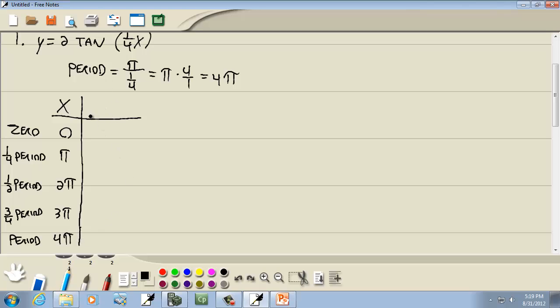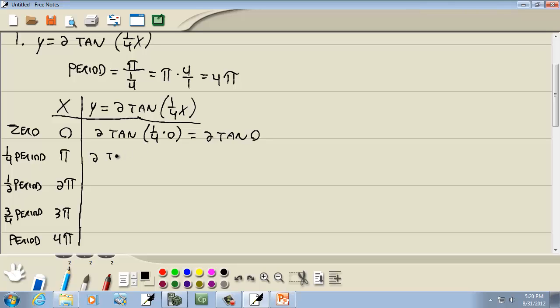Okay, so over here, these are going to be our y values. We have y equals 2 tangent of 1/4 x. Where the x is, I'm going to plug in these values. So I get 2 tangent of 1/4 times 0, which gives us 2 tangent of 0. This one, we get 2 tangent of 1/4 times pi, which gives us 2 tangent of pi over 4.